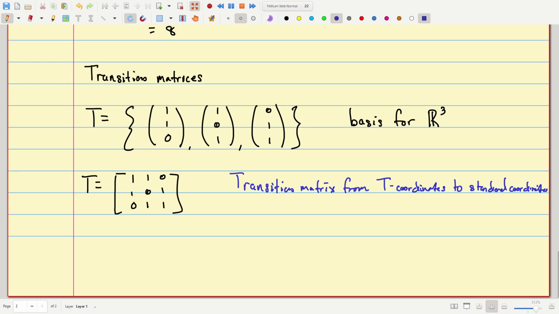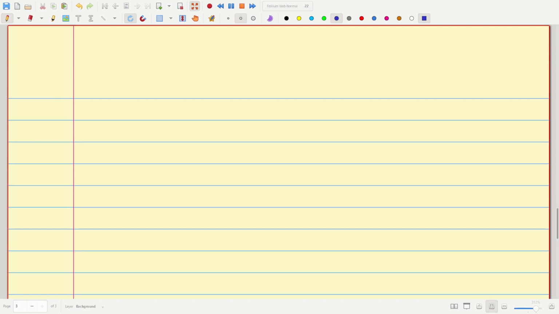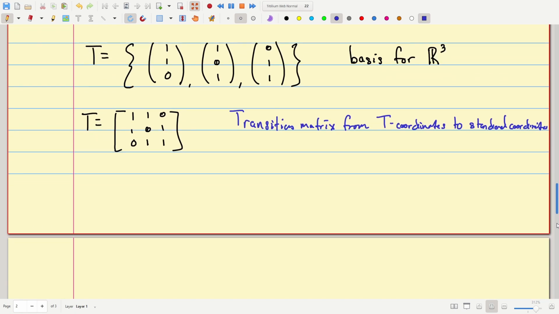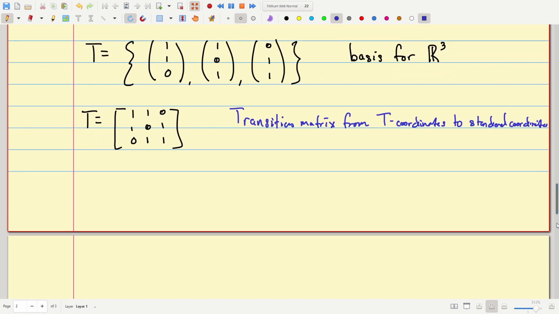Okay. This is the transition matrix from T coordinates to standard coordinates. Now, you would maybe think that it should be the transition matrix from standard coordinates to T coordinates, but that's not how it works.